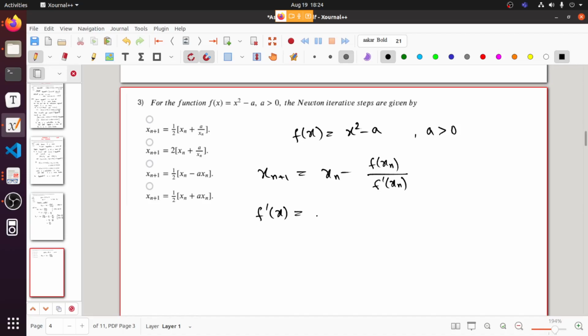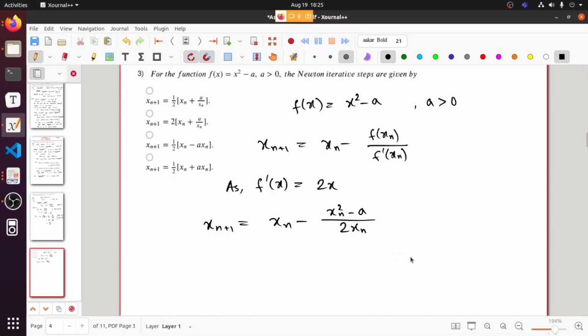It will be 2x, right? So x n plus 1 will be xn minus f of xn, which is xn square minus a, by f dash xn, which is 2xn. If xn is non-zero, start from a non-zero point, then it is well defined.